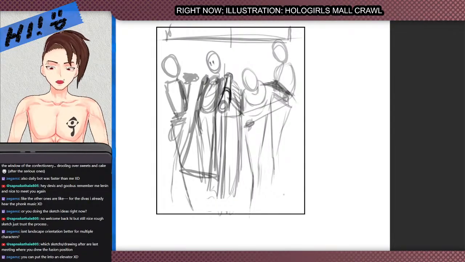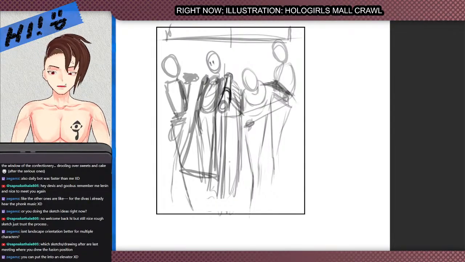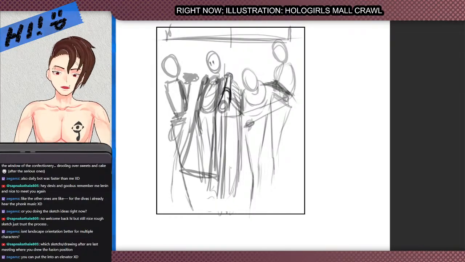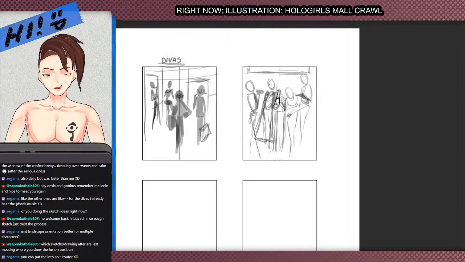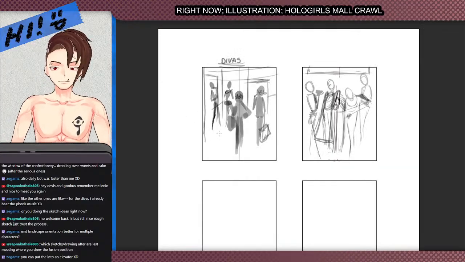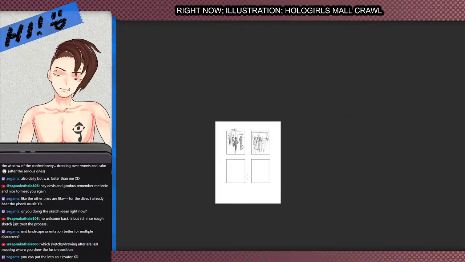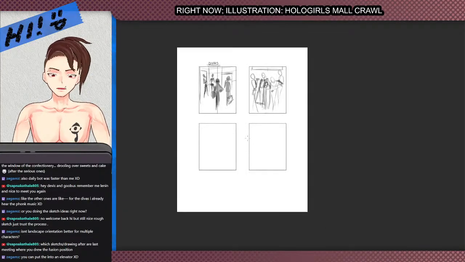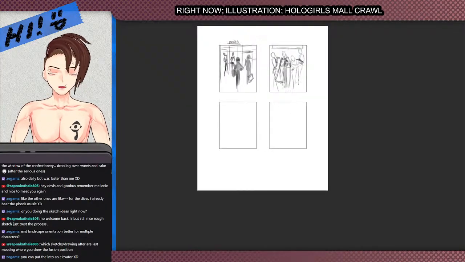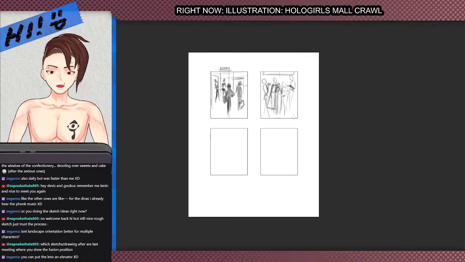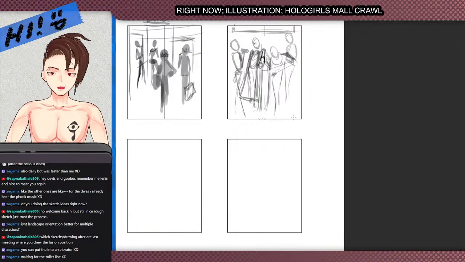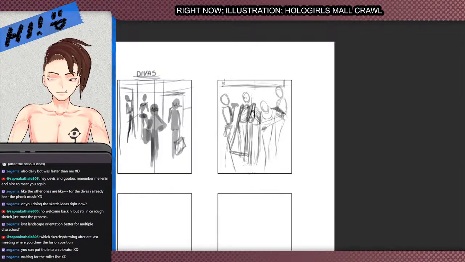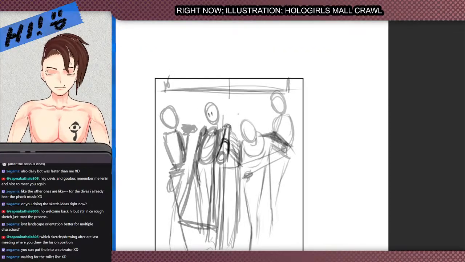Also, do I want to make the meme where they are not in a brand store? Do I want to make them just shopping in a normal clothes store? There you go, waiting for the toilet line. Imagine.